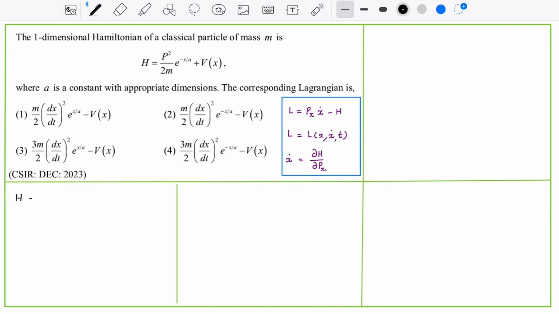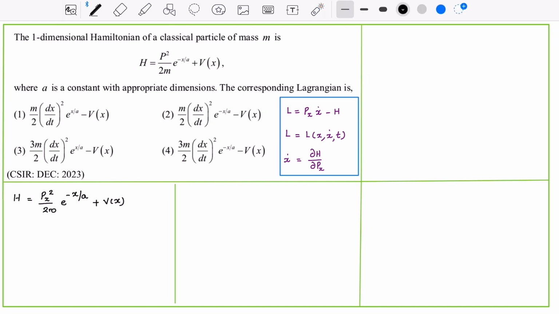It is given that H is equal to p_x squared by 2m e raised to minus x by a plus V of x. We have to find out the Lagrangian corresponding to this Hamiltonian. So let us use the equation L is equal to p_x x dot minus H, where L is the Lagrangian and H is the Hamiltonian.